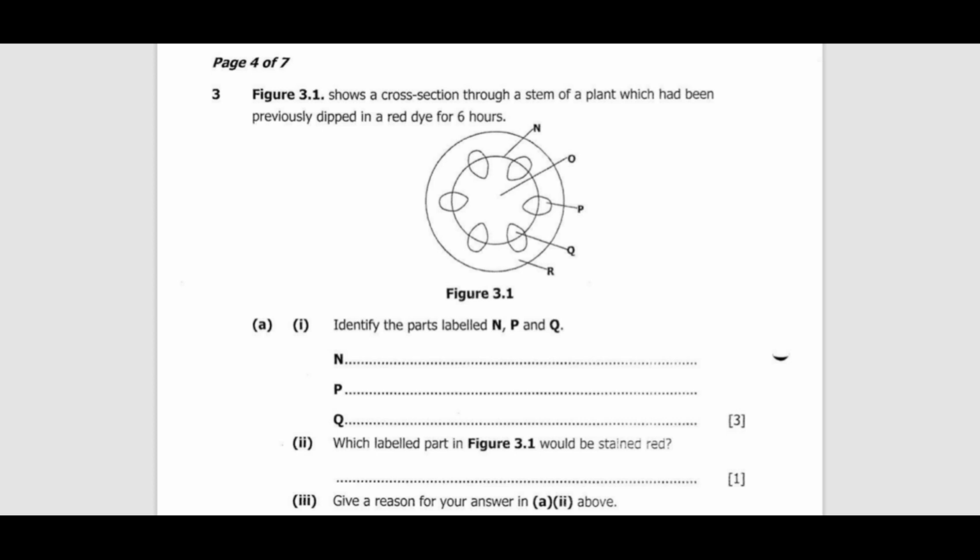So now let us identify. N, that is the cambium. And then P, look at it closely. That is the phloem vessel.